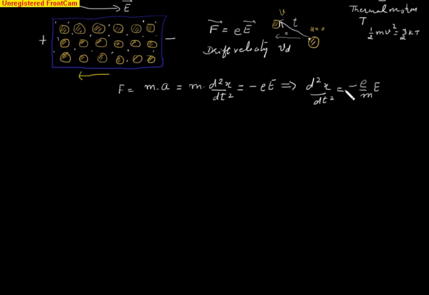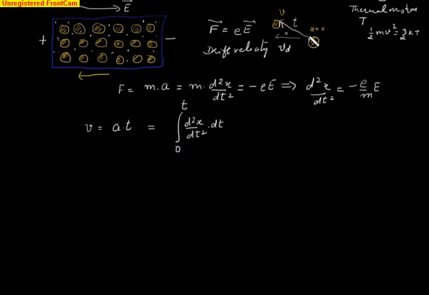This is the acceleration, and from this acceleration we can find how much velocity is acquired by the applied electric field. This velocity can be given by acceleration times t, which means the integral of d2x over dt square times dt from 0 to t.